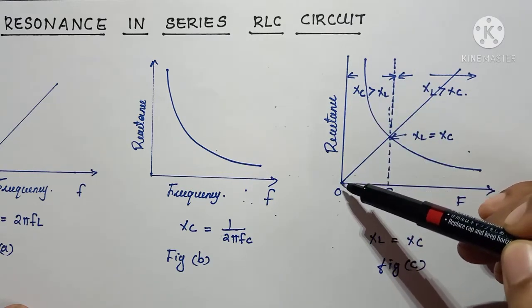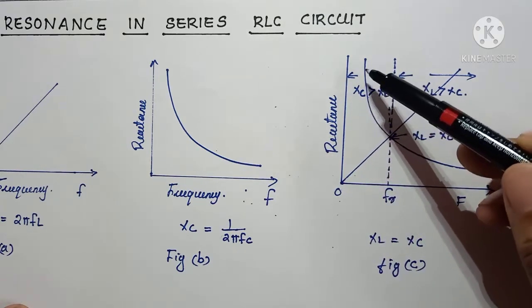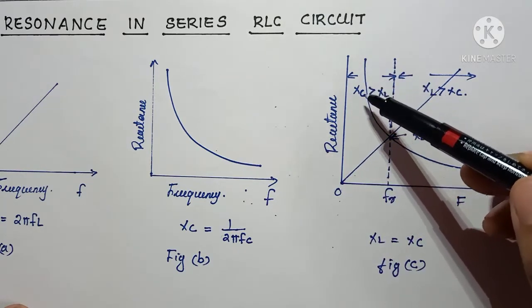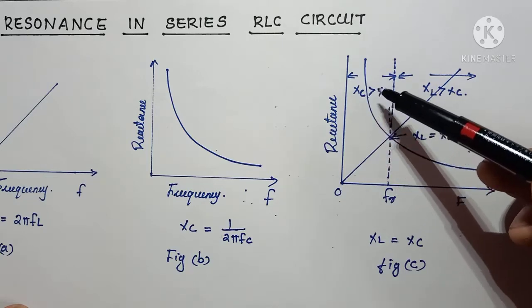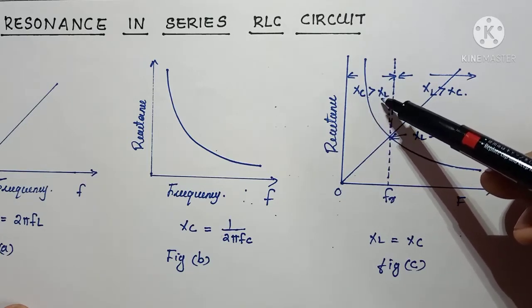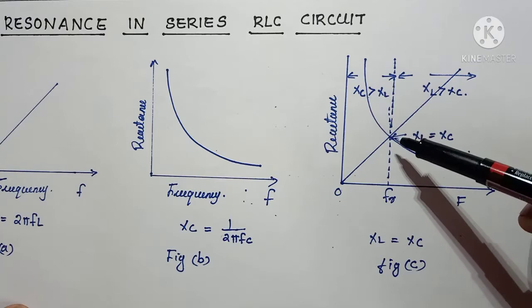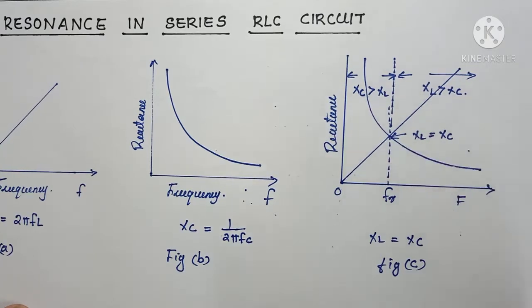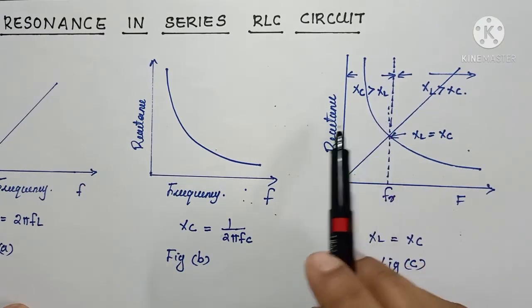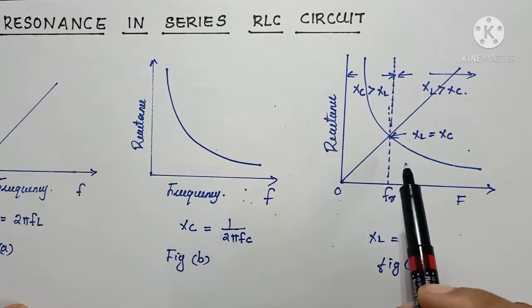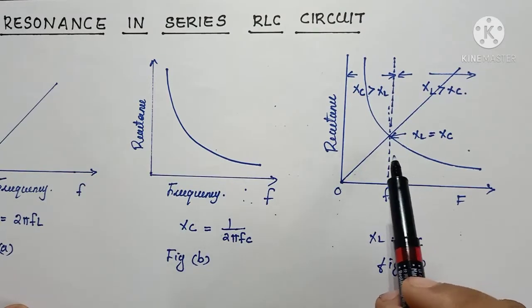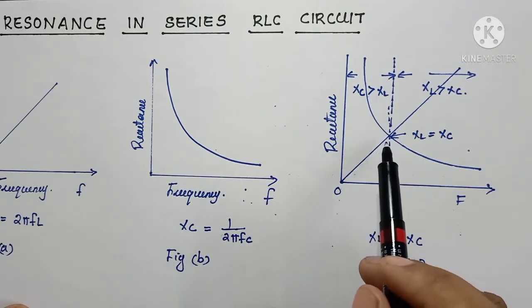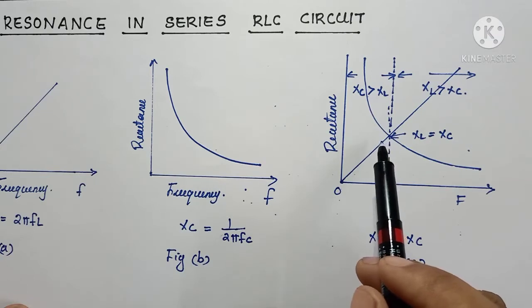So XC is greater than XL just before the resonance frequency. At frequencies just before the resonance frequency, the circuit will act as a pure capacitive circuit.